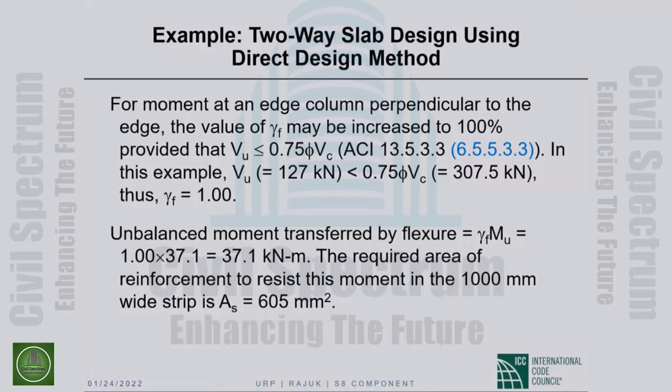In this example, V sub u is 127 kilonewtons and 75% of phi V sub c is 307.5. Now, you have not seen that. This is tomorrow's topic. I'm not sure I showed you V sub u.